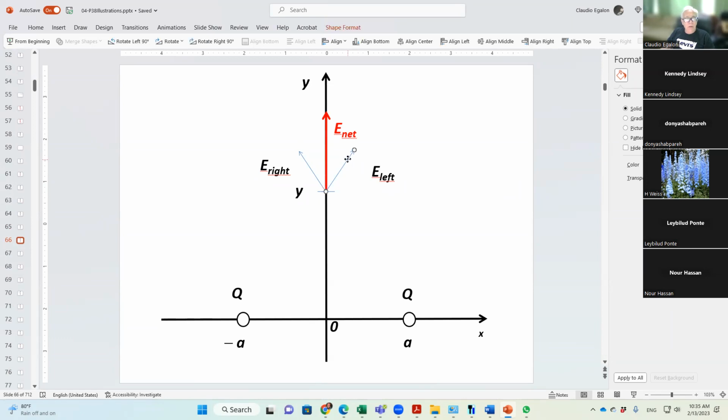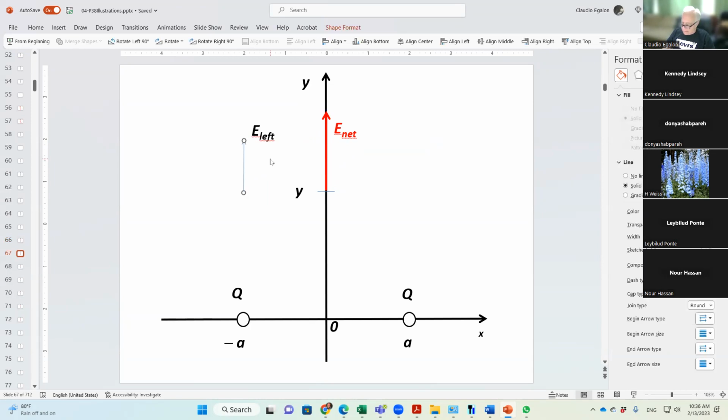Let's see if it's drawn to scale. No, yeah, it is kind of, right? It is drawn to scale. That's a very good way of having a qualitative idea how the electric field behaves for a set of charge distribution. Okay, so here you go. That's the net electric field.